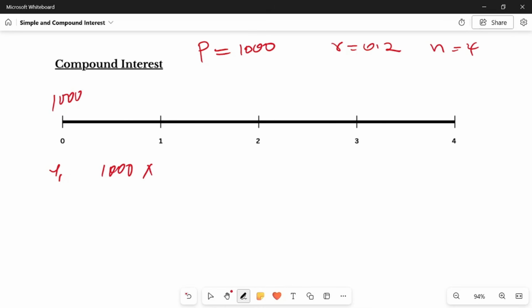Then we are going to multiply this by the rate. So it's going to be 0.2. Now they are going to have earned £200, and therefore the account balance is going to be £1,200. At the end of year 2, instead of earning interest on the principal, it is this balance that is going to earn interest.